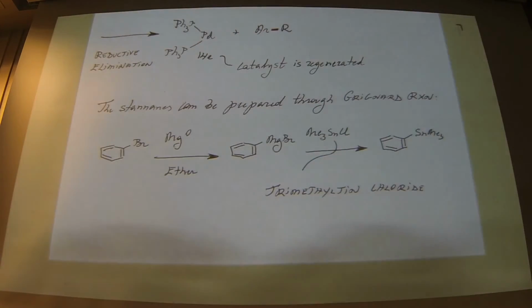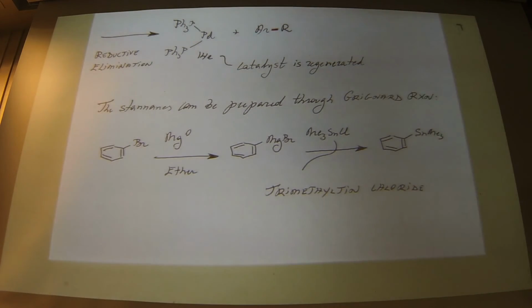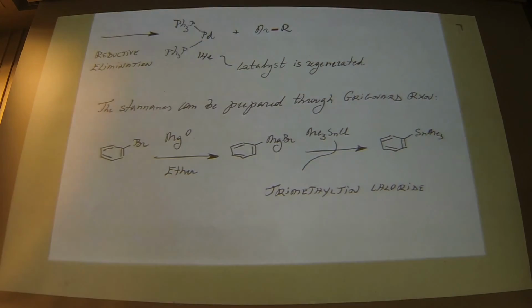You need to think about the polarities being mismatched. Typically, when we form a carbon-carbon bond, we have a delta plus and a delta minus, and they come together. But here I can start with two delta pluses, do some stuff, and still have them form a bond. And that's kind of useful.